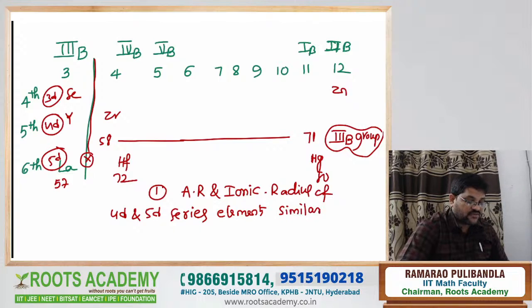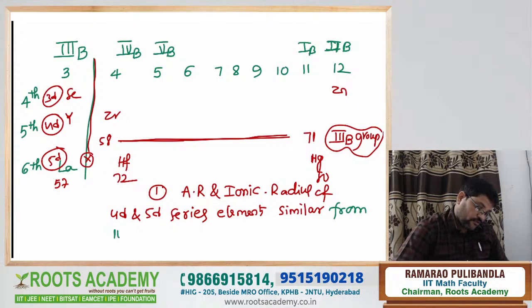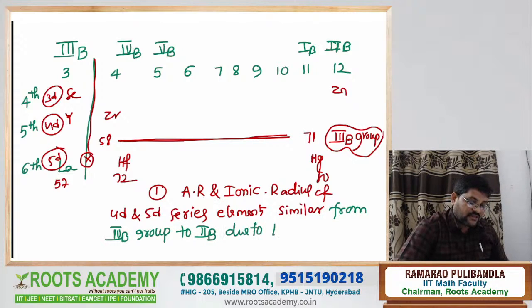Because of the lanthanoid contraction. Atomic radius and ionic radius of the 4d and 5d series of elements are similar from the 4th B group to the 2B group. Because of what? Due to lanthanoid contraction. This is the first consequence.